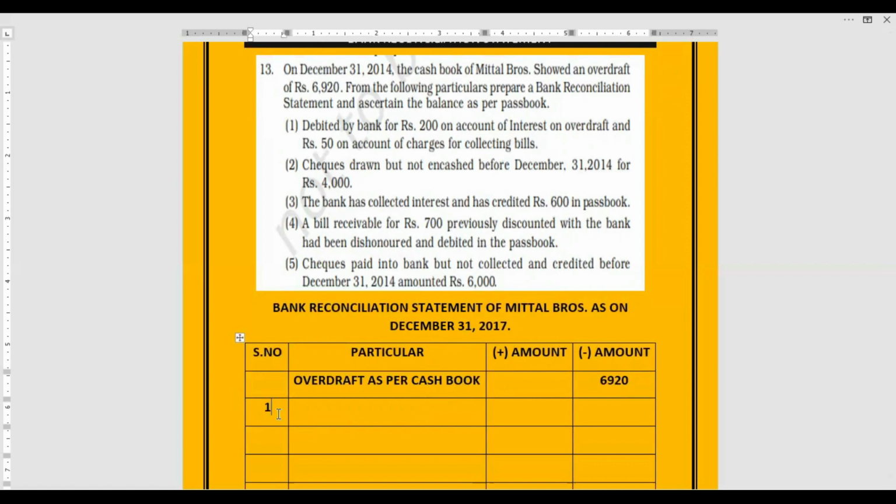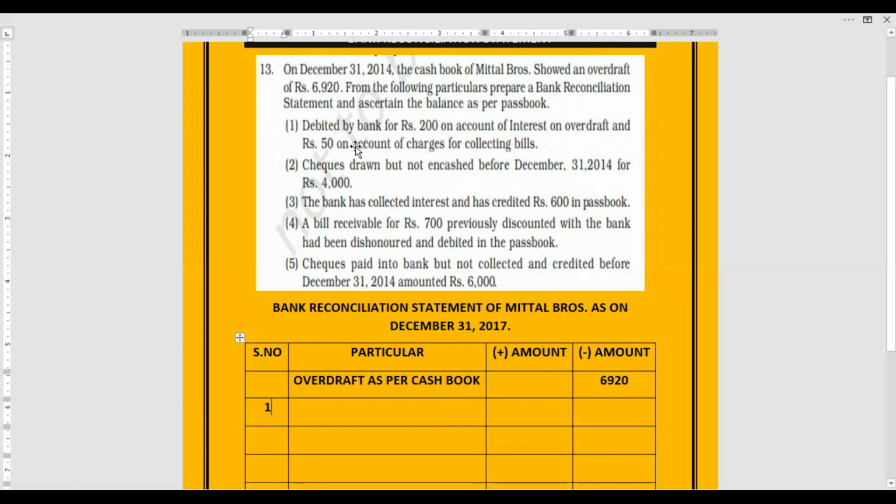First one, debited by bank 200 on account of interest on overdraft and 50 rupees on account of charges for collecting bills. So in the bank passbook, the banker has debited 200 as interest for the overdraft, our loan from our account. And 50 rupees charges also he has made for collecting our negotiable bill of exchange.